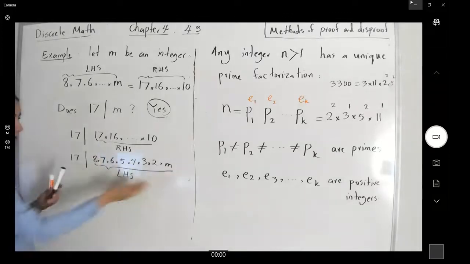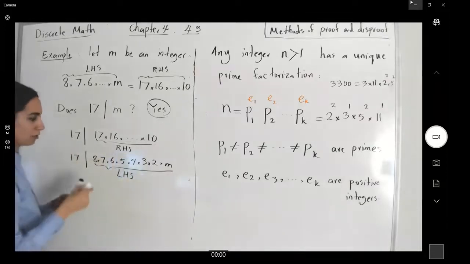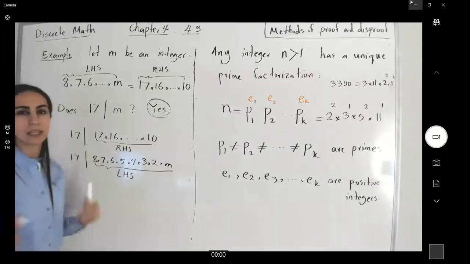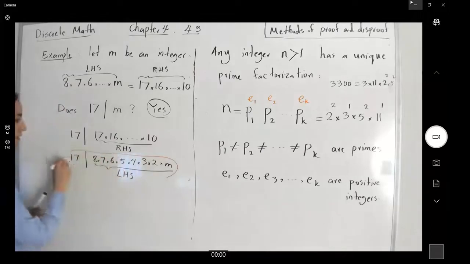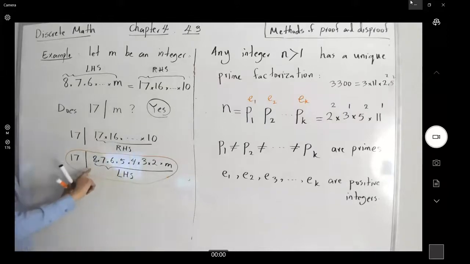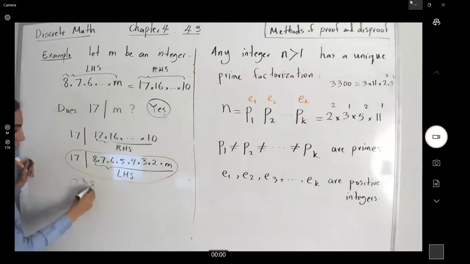Let us think about this part. We want to know what is the connection between 17 and m. Does 17 divide 8? 17 doesn't divide 8.